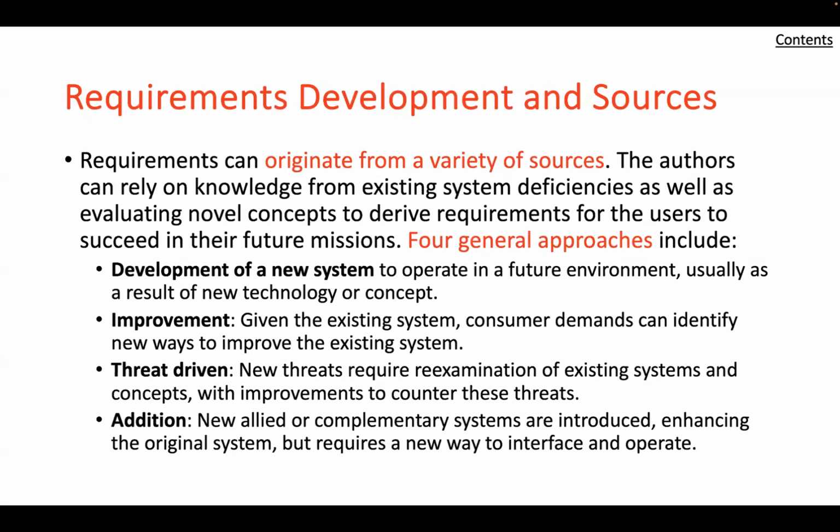A representative list of 4 types of approaches is offered in order to identify the diversity of requirement sources and to motivate the requirements developer to search for the right requirements development approach, depending on the starting point of the system and operational environment. So these are the things that we want to be thinking about.